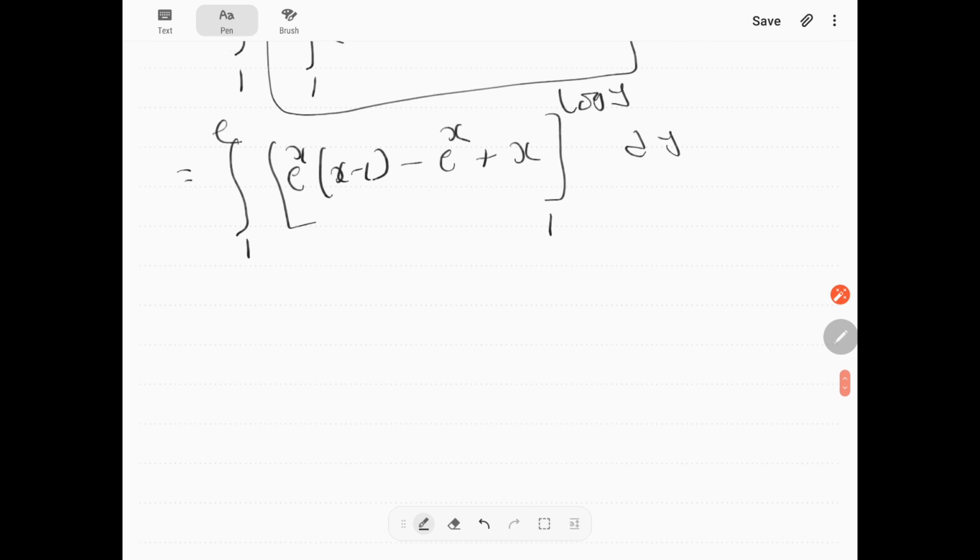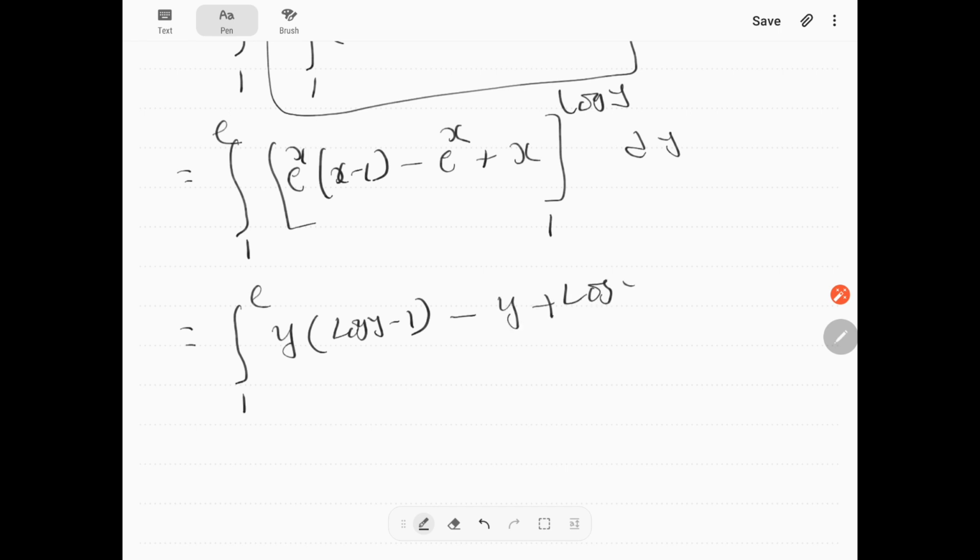Now substitute log y in place of x. e power log y, that is y. This is log y minus 1, minus, if I substitute log y here, e power log y, that is y, plus log y.